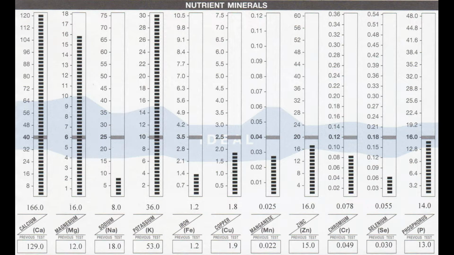So let's pay attention to this particular patient, a 43-year-old female, with a history of irregular menstruation, chronic fatigue, and a little bit of premenopausal symptoms. You can see that her sodium level is way below the bottom part of the blue band, let alone anywhere near the optimal number of 25 for sodium.